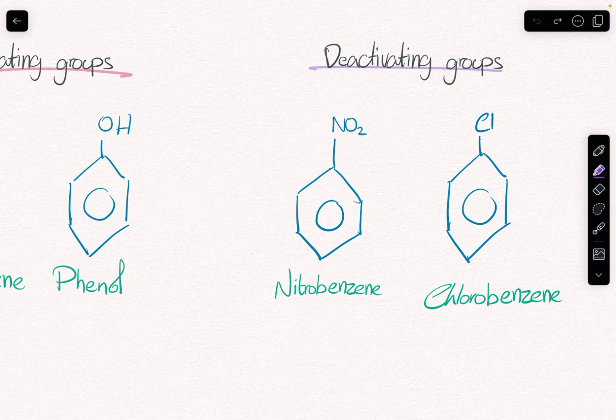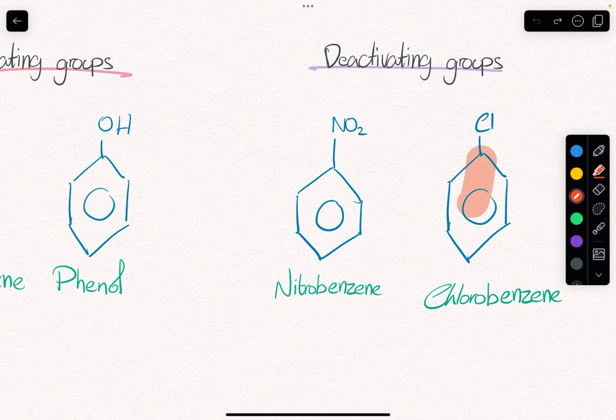If the electron density is being pulled out of the middle, it means that this ring is less reactive. However, the chlorine is only slightly electron withdrawing, so that still will direct some electrophiles to here and here, so 2 and 4. So ortho and para are still favoured with the deactivating group of a chlorobenzene, which makes it quite simple for you guys.